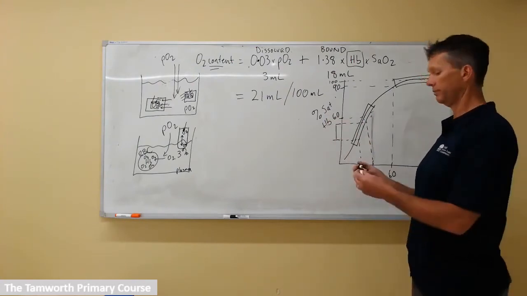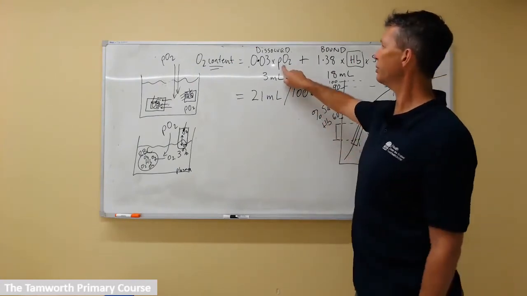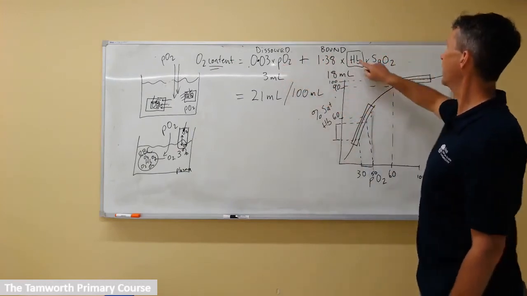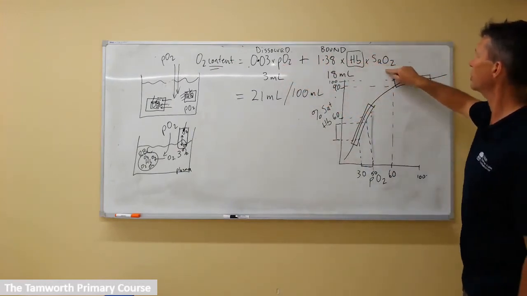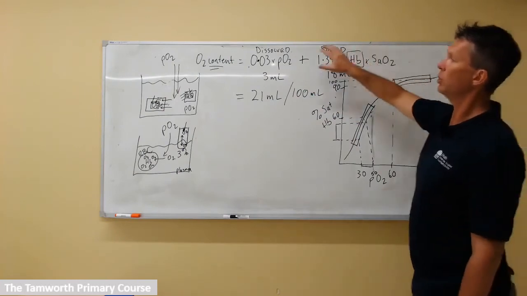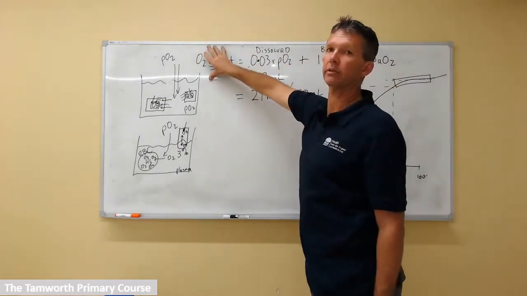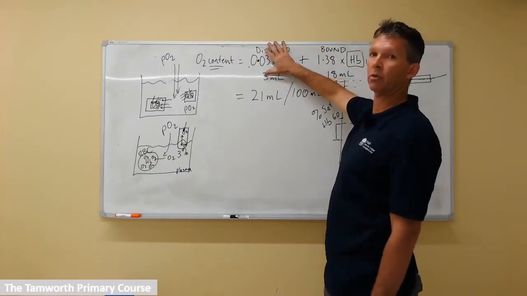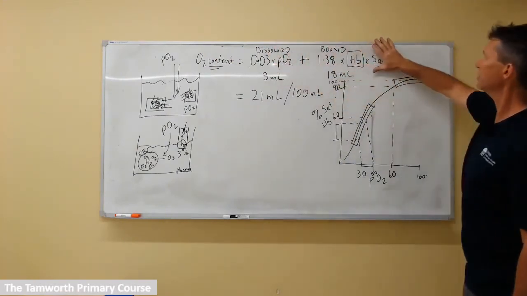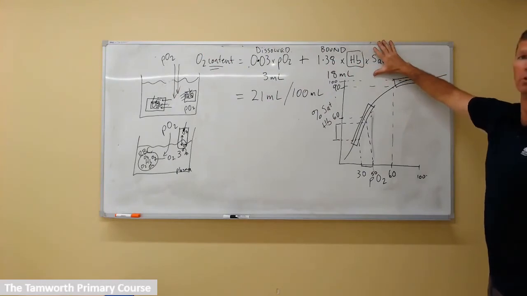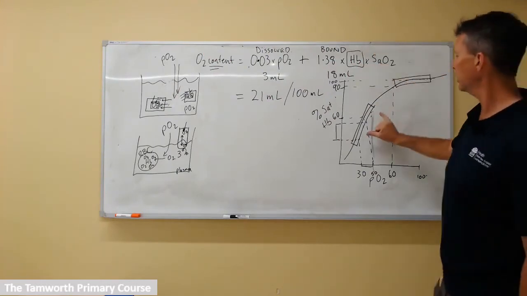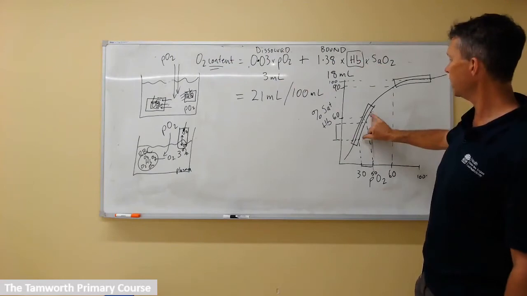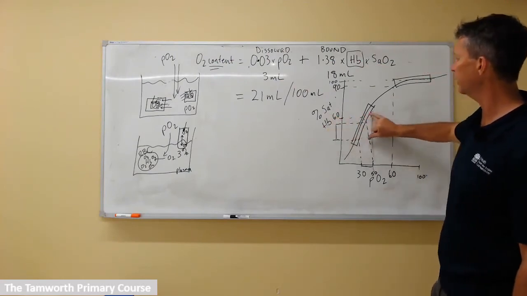What does that mean? For a given change in PO2, we create a change in the saturation of haemoglobin. We know we're talking about oxygen content. So a change in PO2 here doesn't do a lot to our overall content. But a change in the saturation does a lot for our content. So the inference here is that there's a large change in content of blood.